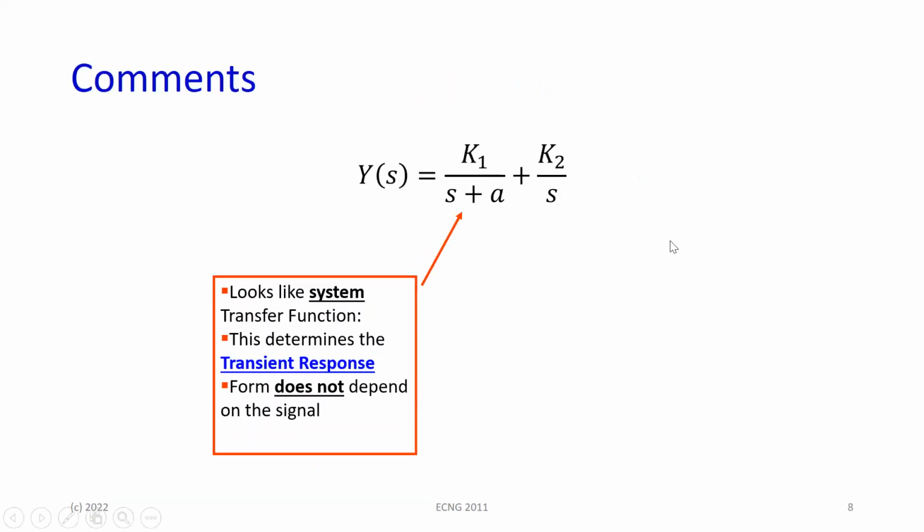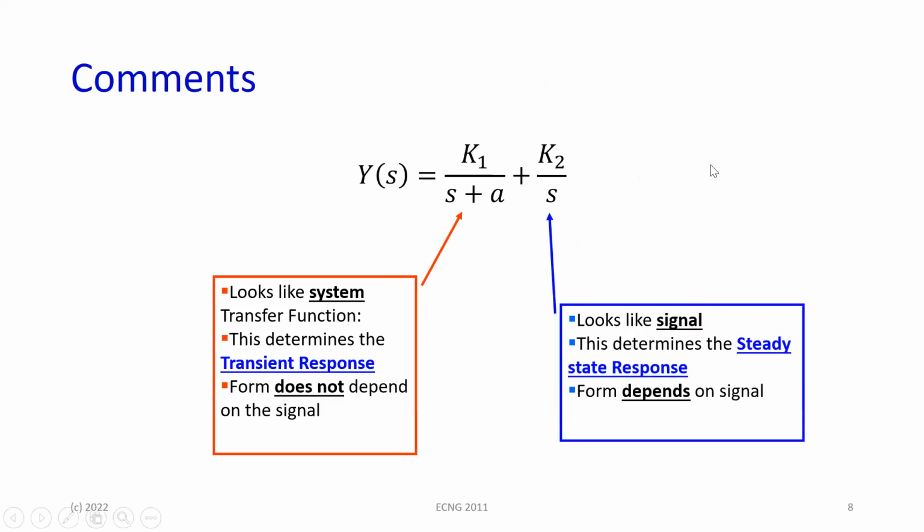If you do that, whatever that response is going to be, you're going to have two parts again. Notice this is for the step response. You have an answer that looks like the system.